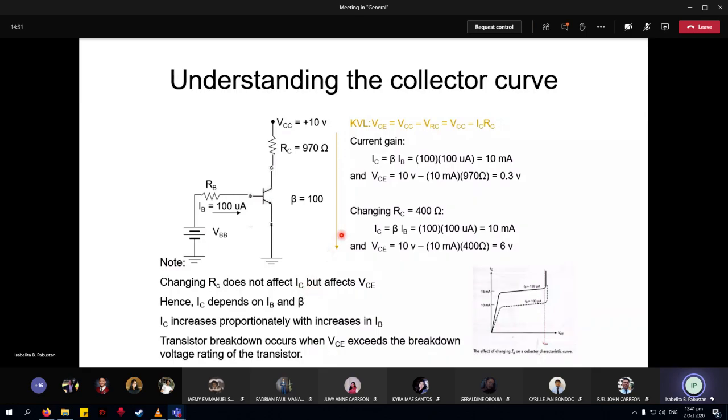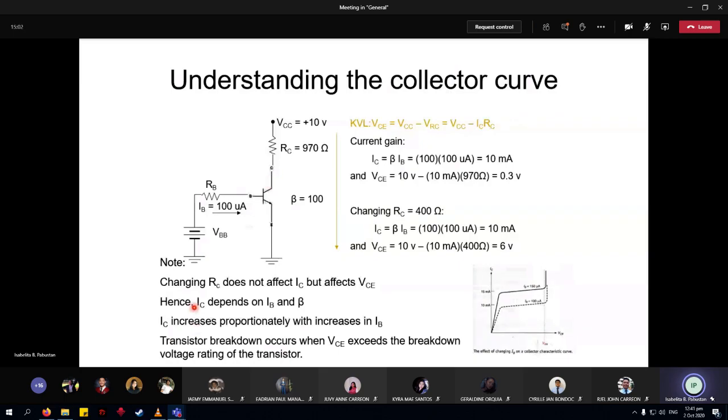When you change the value of the RC, it will not affect the value of IC, but it will affect the value of your VCE. Siyempre, when the value of your VCE is now 6 volts, then your VCB will be positive 5.7 volt, which will actually make the collector base reverse bias.